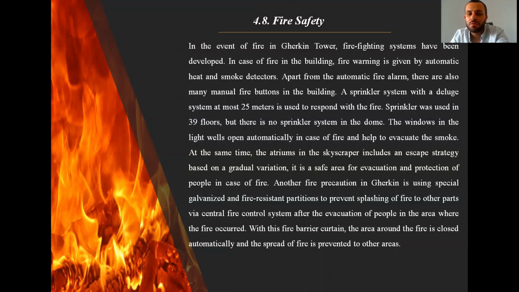Another fire protection in the Gherkin is the use of special galvanized and fire-resistant partitions to prevent the spread of fire. There is also a central fire control system after the evacuation of people in the area where the fire occurred. With this fire barrier curtain, the area around the fire is closed automatically and the spread of fire to other areas is prevented.